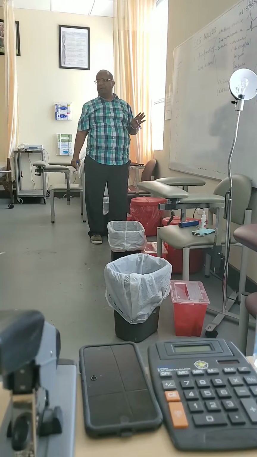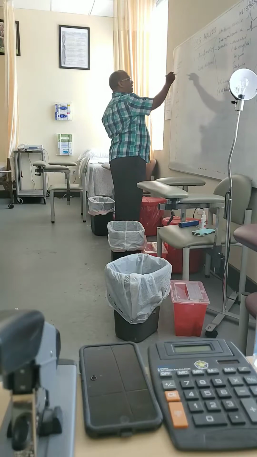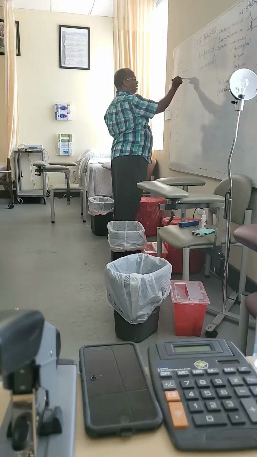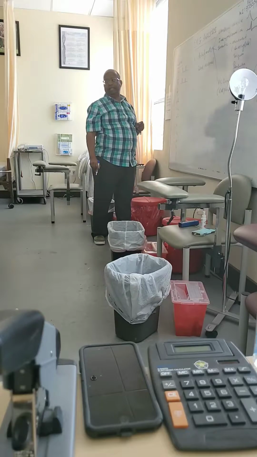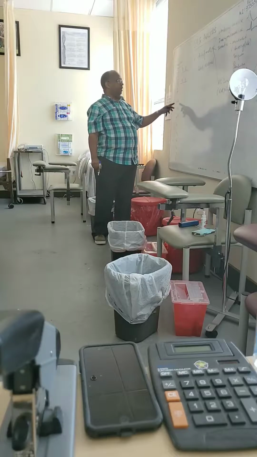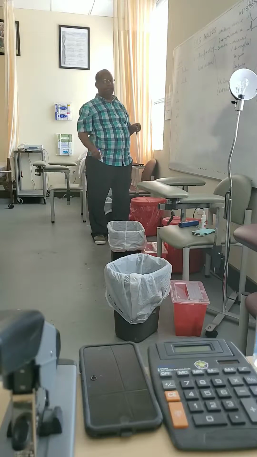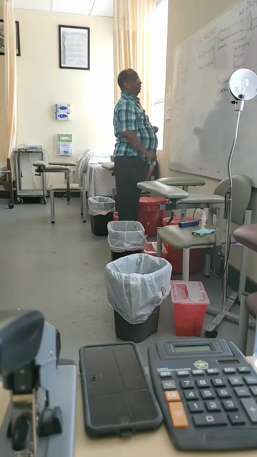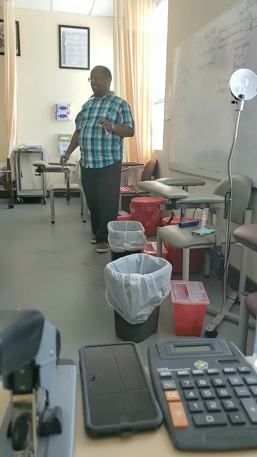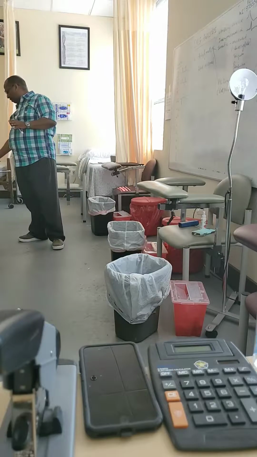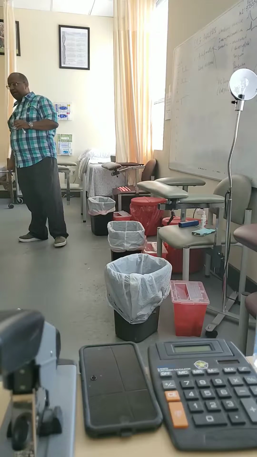Now, always lead 1 and lead 2 should face up. But AVR should always be facing down. That is in normal cases. For example, here AVR is down, and 1 and 2 are up.